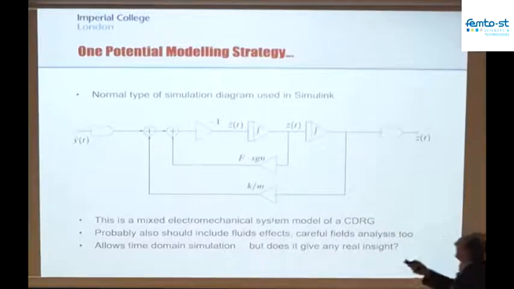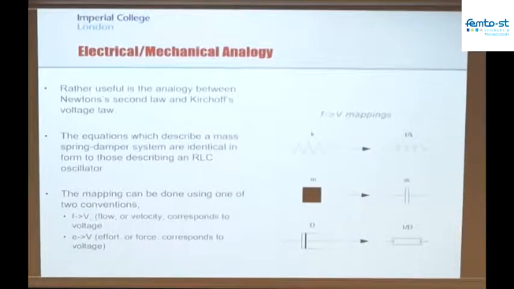So we'd like to have a way of doing a proper time domain simulation, both of the mechanical parts of the system and linking this electrical force back through into the electrical system and seeing the coupling between the two. One of the simple ways of doing the modeling here, and again I think this is something that Michael showed you yesterday, is that there's a well-known mapping between mechanical components and electrical components.